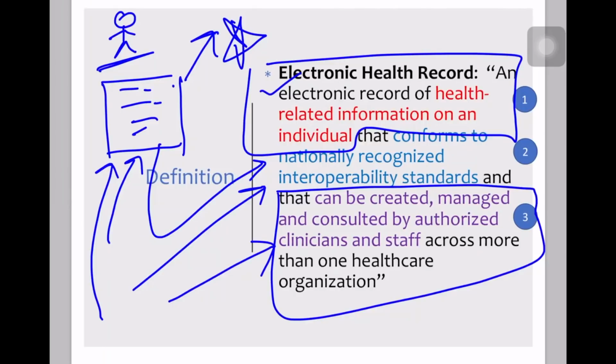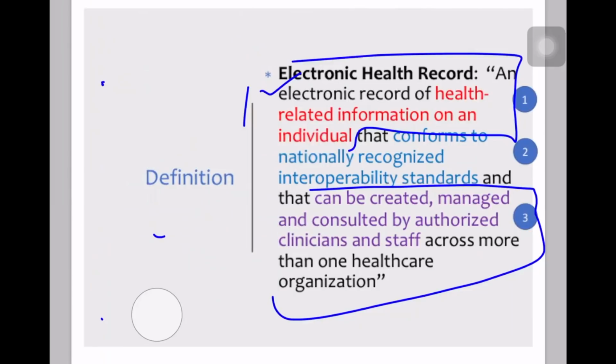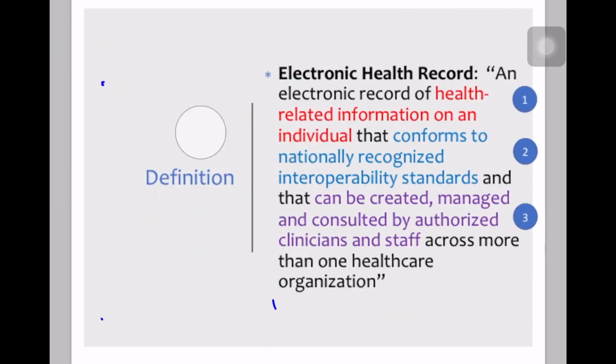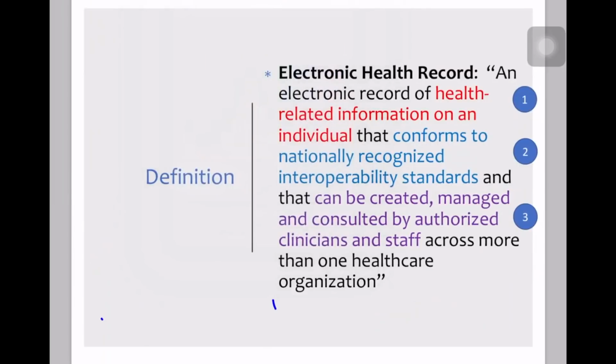Okay, now let's see this definition as a whole. Read again. Electronic health records are health related information on an individual. Okay, now we got this, and it conforms to nationally recognized interoperability standards. That's the second star.